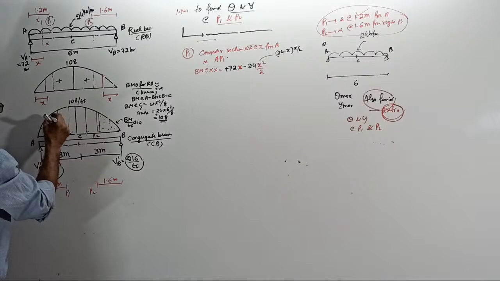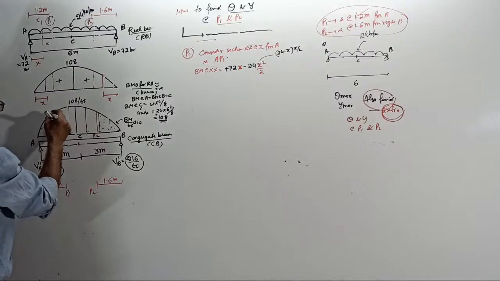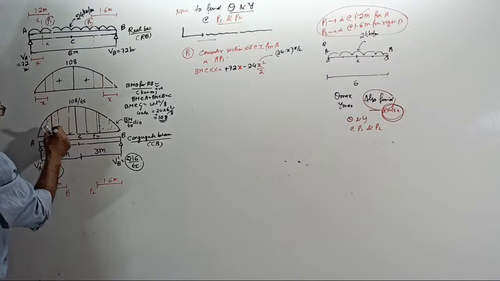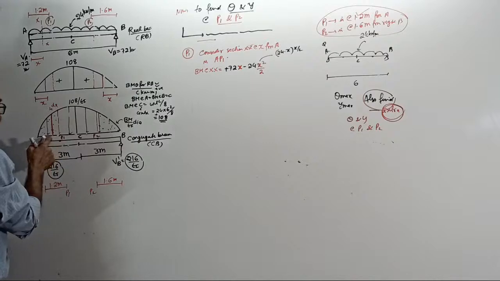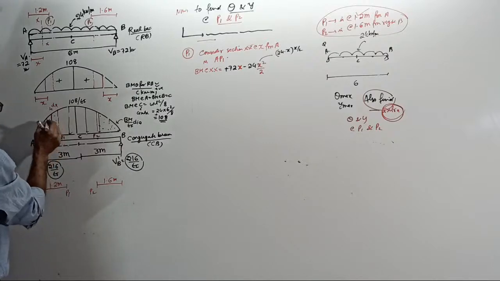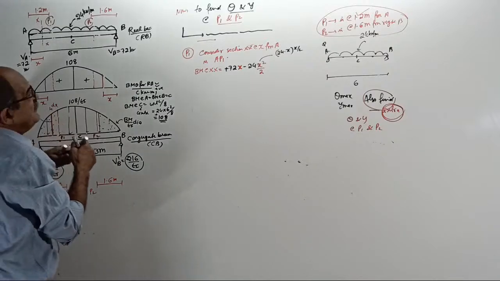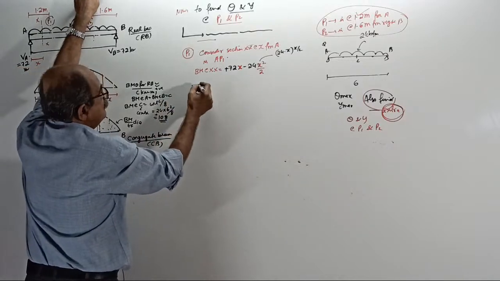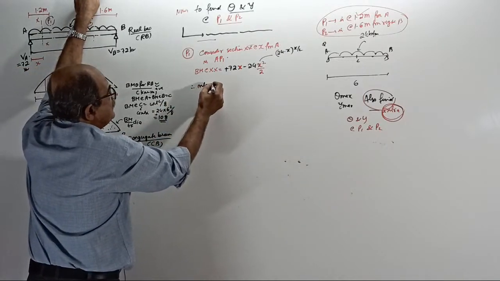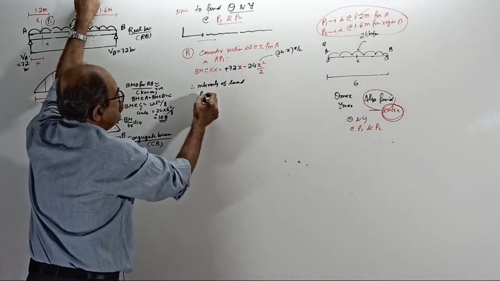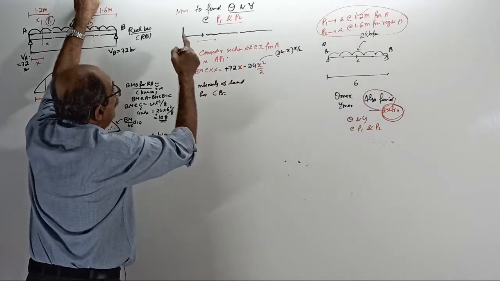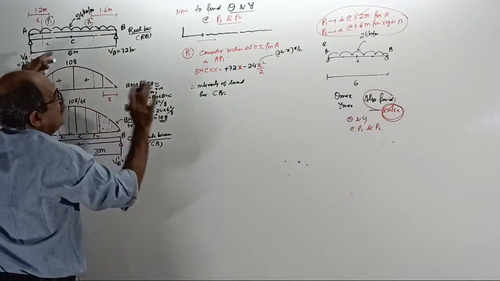Same place, write what is the intensity here. So you take a small strip here of thickness dx. Write what is the intensity there. Therefore, the intensity of load for the conjugate beam equals the BM divided by EI.